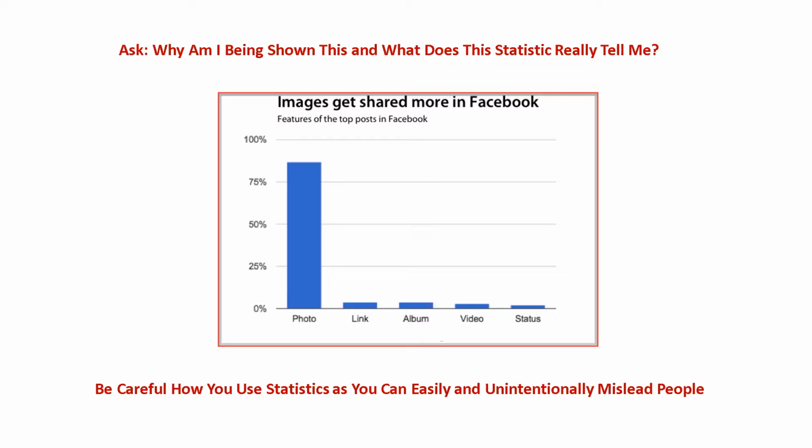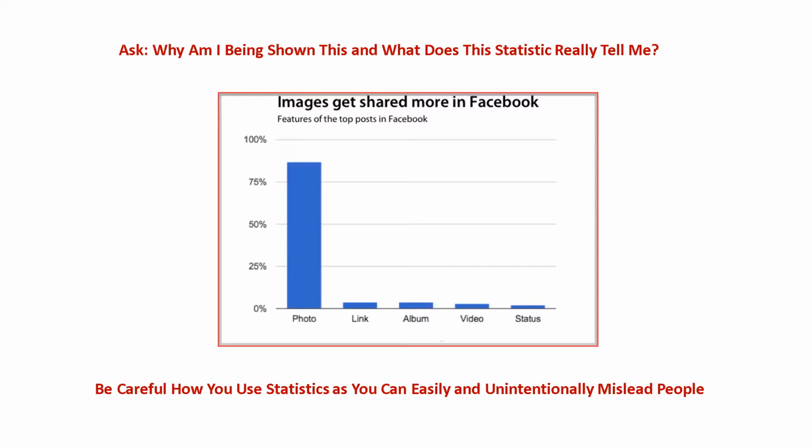And it showed a graph depicting that about 80% or more of the total shares on Facebook are done to share images. The sharing of other content, such as videos for example, were down around the 5% range of shared content. A person thinking superficially after seeing this statistic might say to himself or herself, "Wow, I'd better focus on posting images to Facebook rather than videos."